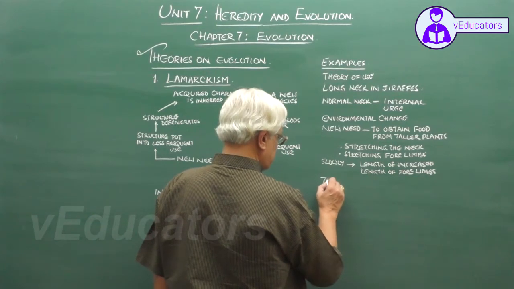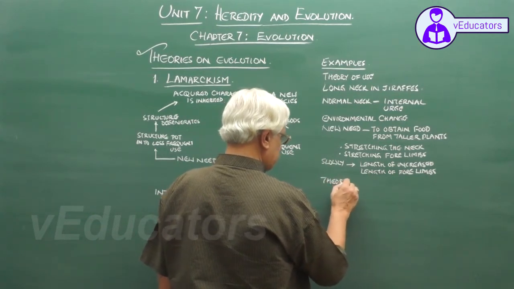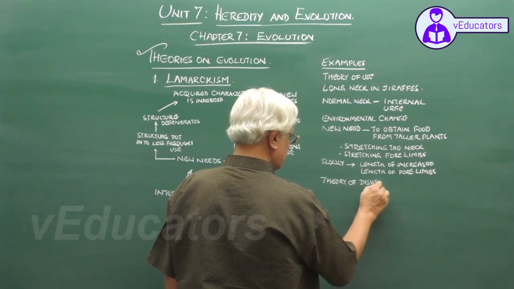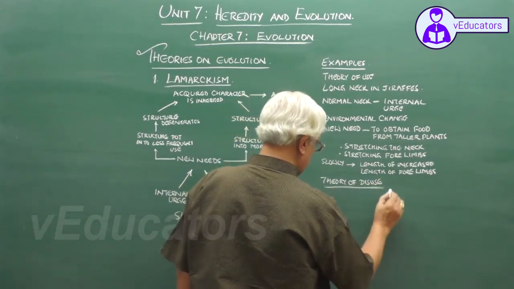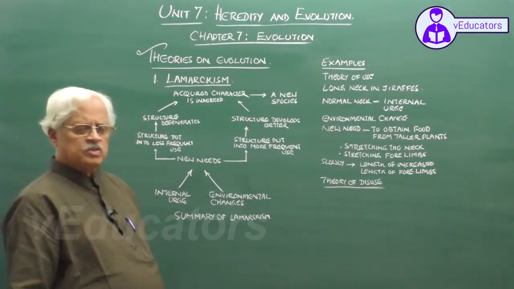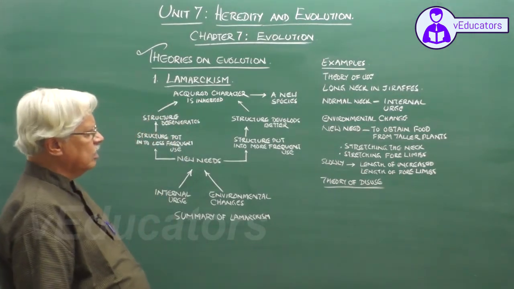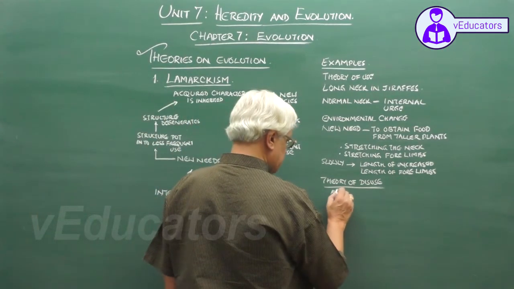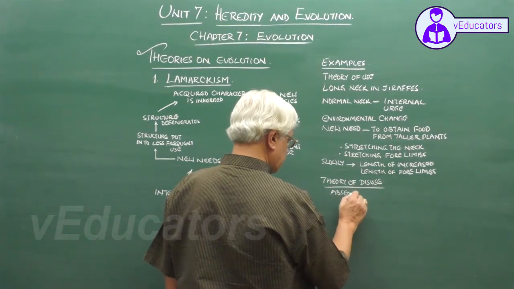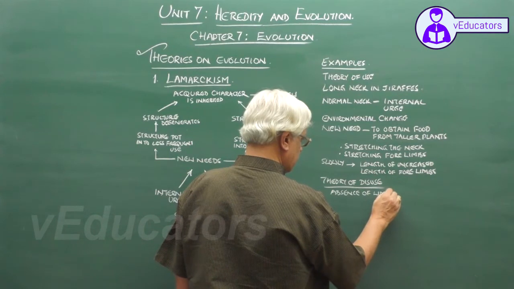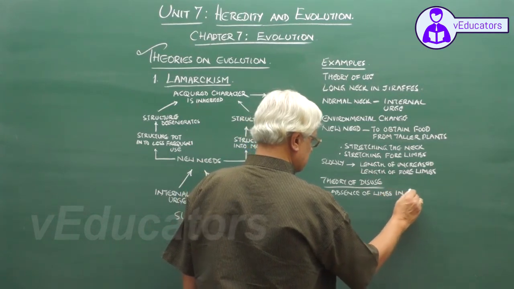Similarly, for the theory of disuse, he has given several examples, and one familiar example is the absence of limbs in snakes.